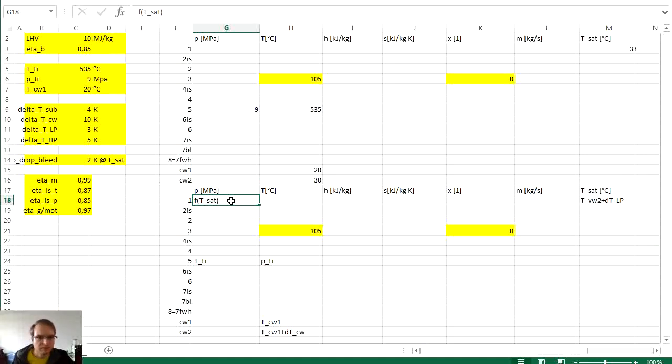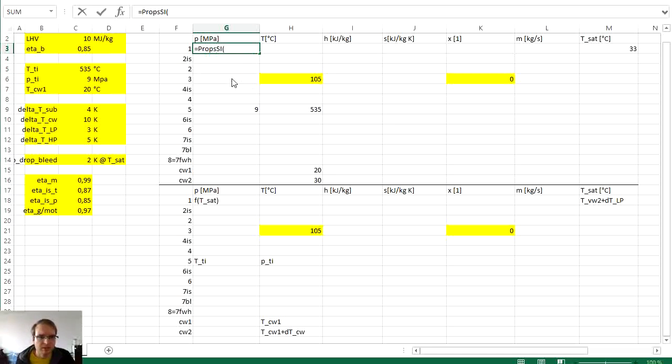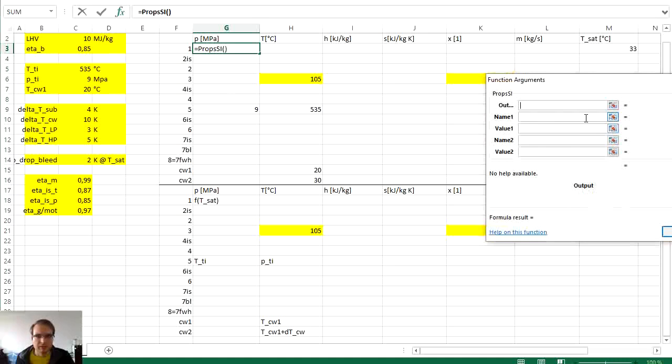So first, the pressure at the condenser outlet will be a function of the saturation temperature. So it's a function of T sat. So here, as we are using CoolProp, it will be function PropsSI with output pressure, based on the temperature we provide in the saturation temperature, and the other input will be quality, where we want the temperature at saturation, so the value of quality will be anywhere between 0 and 1.